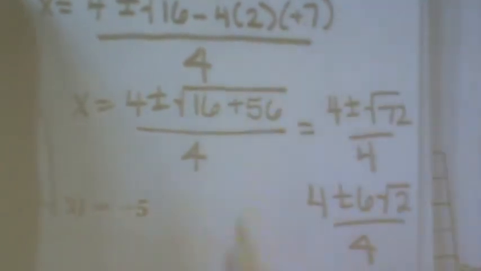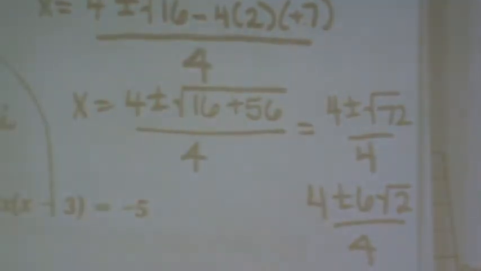actually, I made a mistake. It's a times c, 4 times a. If that's a 7, we have an error. I made a mistake right here.